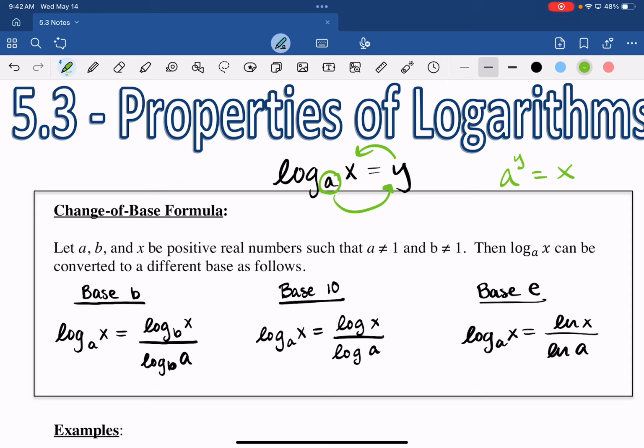Okay, so here's just the general formula for a change of base. Notice here, the name in and of itself is going to tell you what exactly we're doing. Change of base. Obviously, we're going to change the base.